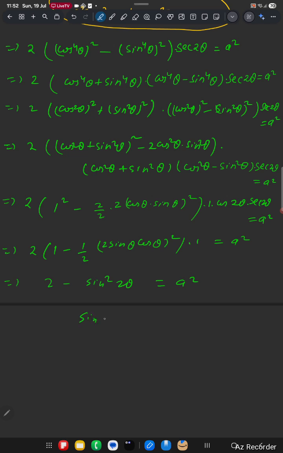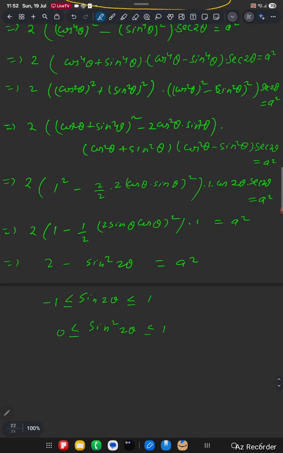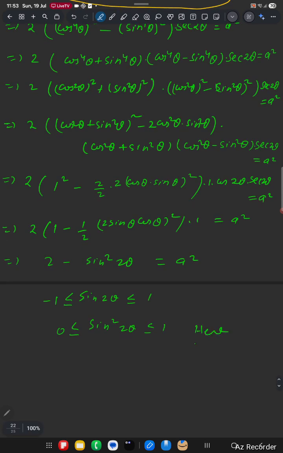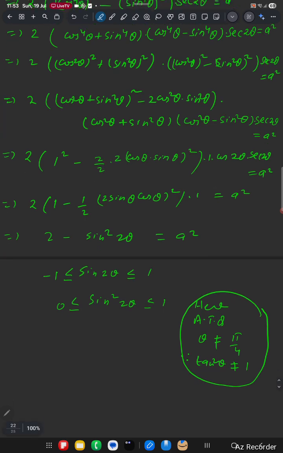Now you know by trigonometry that sin 2 theta, or any sin alpha, sin beta, value lies between minus 1 and plus 1, and its square, for the same reason, will lie between 0 and 1. Yes or no? And according to your question, set P is saying that theta will not be equal to pi by 4. Why? Since it is saying that tan square theta is not equal to 1. So this fact we are going to use over here.